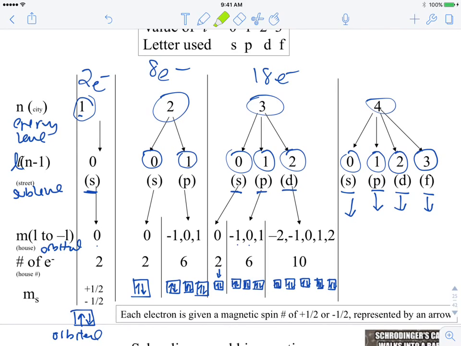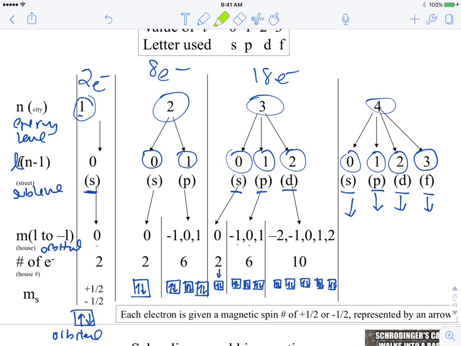Will you be asked to do this on a test? Well, you'll be asked to find what are acceptable quantum numbers, or the quantum numbers of the last electron in an atom. That you'll be asked to do. The main thing that I really want you to be able to do is electron configurations. But that we're going to save till next time.